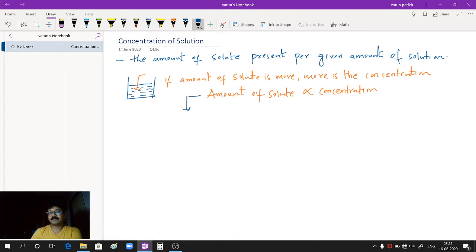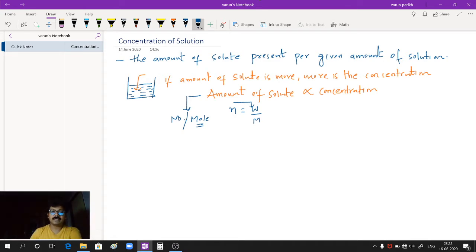Amount represents the number, and we know that number can be related with mole also. As per the formula, number of moles is equal to mass by molar mass. So it goes hand in hand with mass. If you increase the mass, gradually the number of moles and the particles will increase.